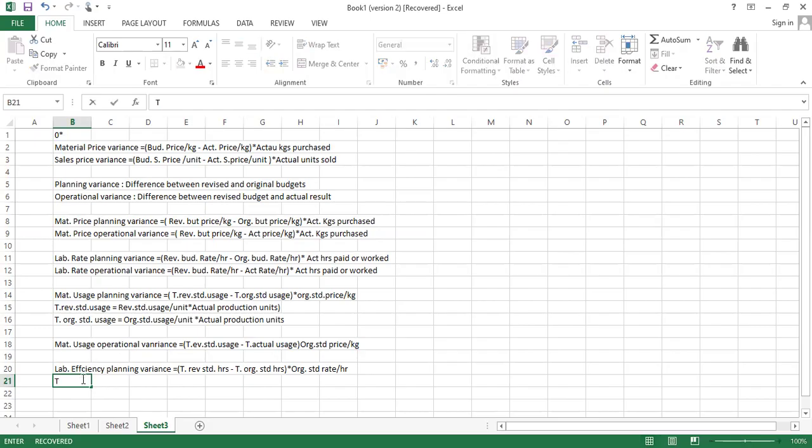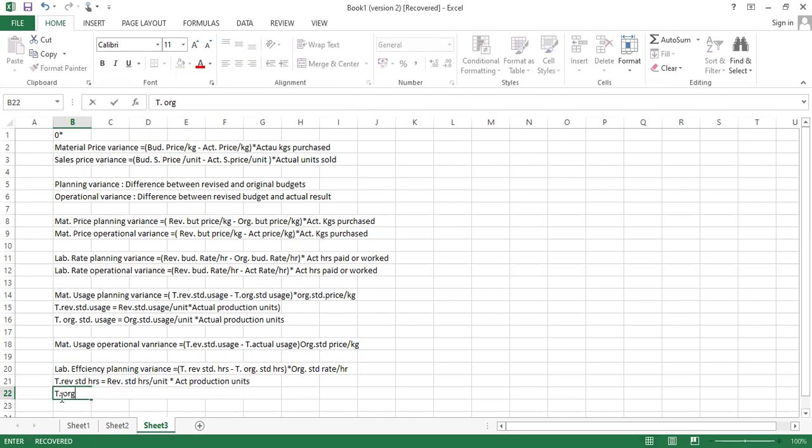Total revised standard hours is equal to revised standard hours per unit into actual production units.